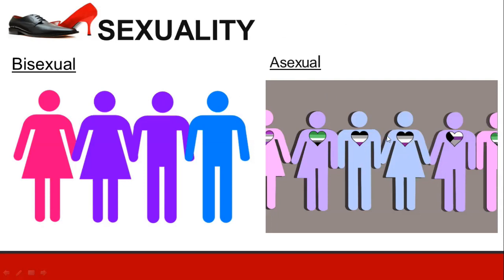And asexual people are neither attracted to any sex or gender, and they don't feel any attraction to other people. But in some cases, they have the need to be with someone, but they don't really have romantic or sexual attraction to those people.